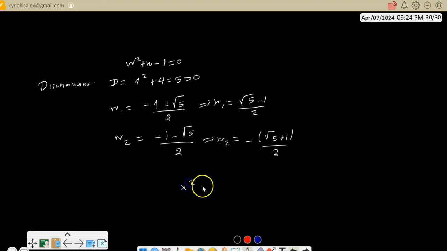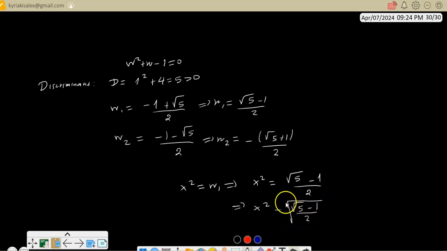x squared equals w1. x squared equals square root of 5 minus 1 divided by 2. So I can write it as x squared minus the square root of 5 minus 1 divided by 2 squared.